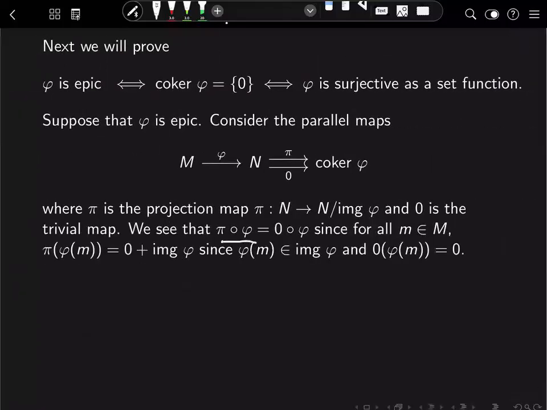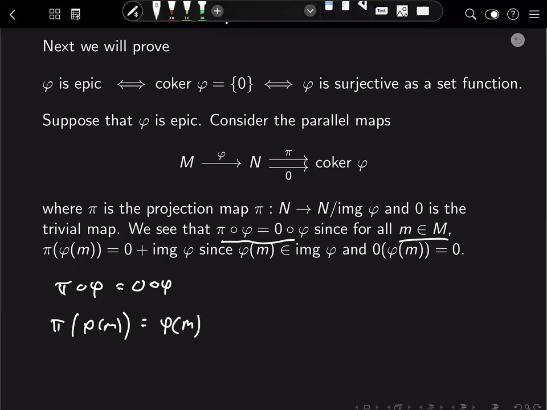And now it's evident that pi composed with phi is equal to 0 composed with phi. Now, why is that? Well, we see that for all m in M, pi of phi of m, we're just going to project through the canonical projection.